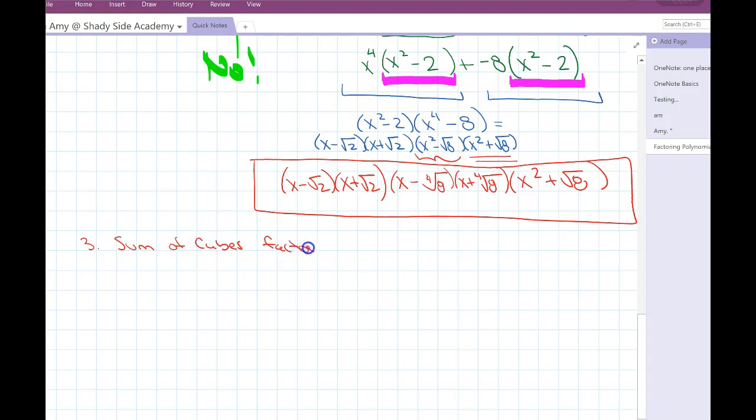And again, something you've likely seen before. So I'll just give it to you. A sum of cubes factoring pattern says the following, that if I have u cubed plus v cubed, this will always factor to be this.